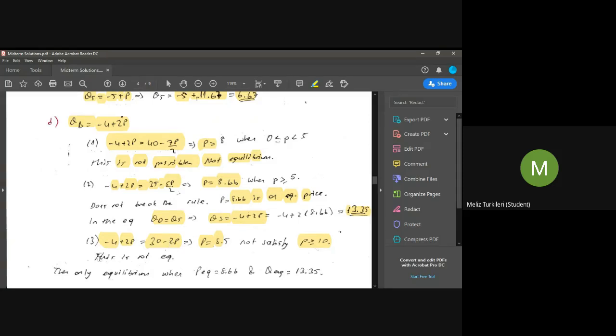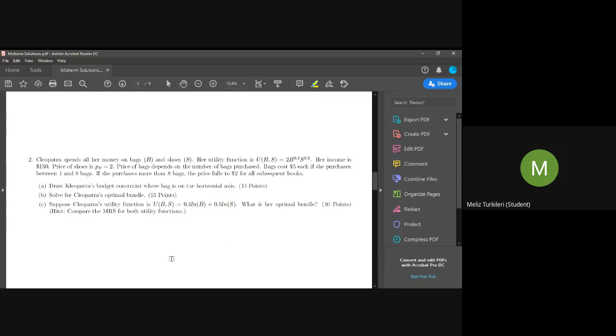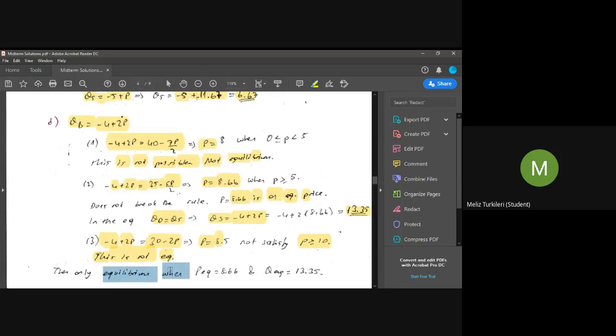This is not the case, so again it is not an equilibrium. What we find out is that the only equilibrium is when the price equals 8.66 and the equilibrium demand equals 13.35. That's all.